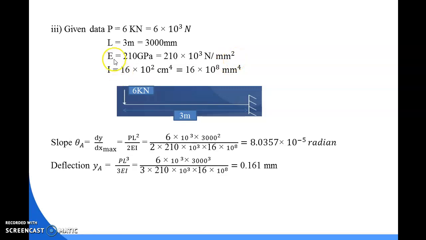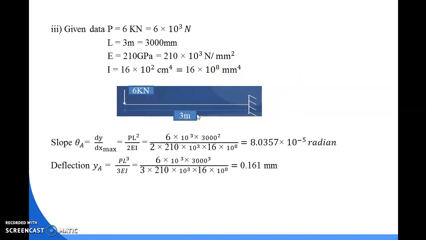Hence we have the P value, L value, E value and also the moment of inertia value, that is 10 into 2 10 to the power 2 centimeter to the power 4. By converting this centimeter fourth into mm fourth, we have 16 into 10 to the power 8 mm fourth. So now we have to find the maximum slope and maximum deflection of this beam.